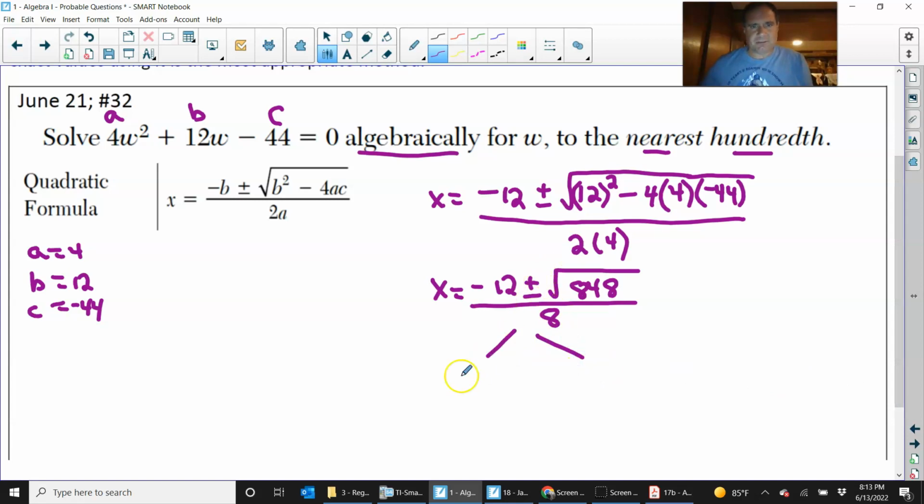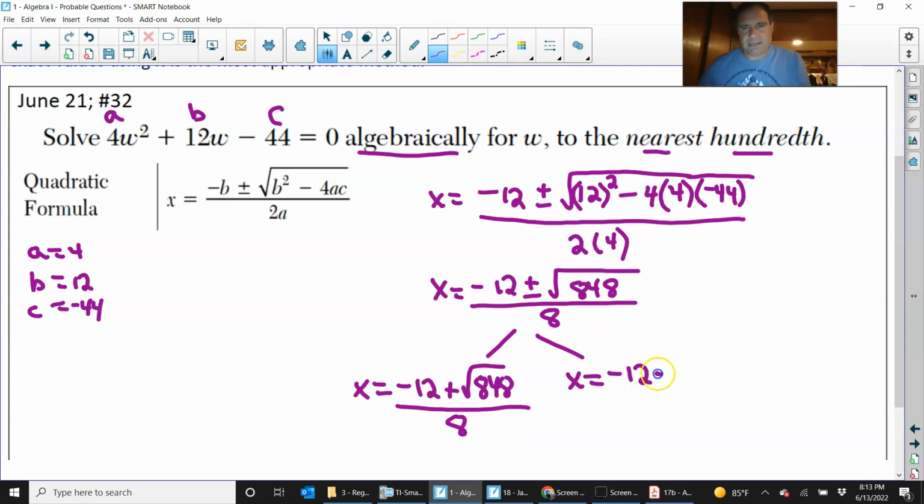See this plus minus? So I'm going to have x equals negative 12 plus square root of 848 over 8. Then I'm going to have on this side x equals negative 12 minus square root of 848 divided by 8.